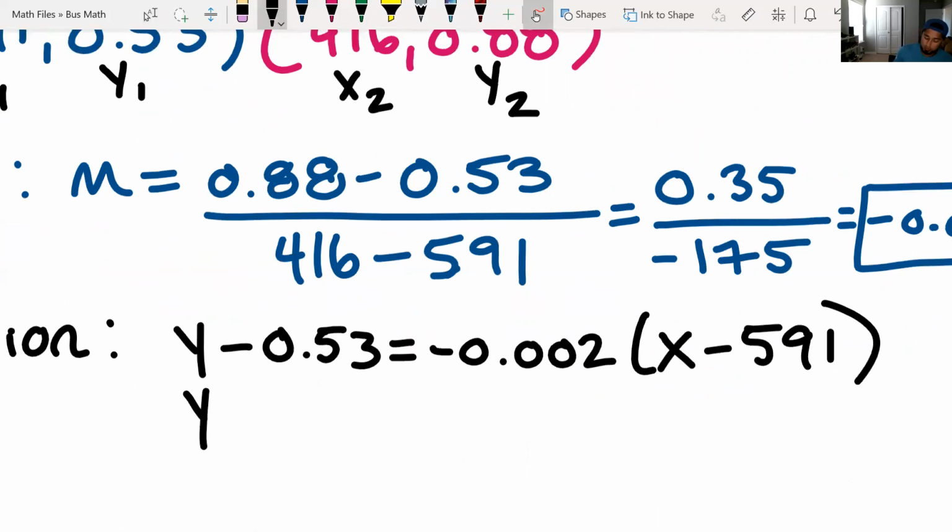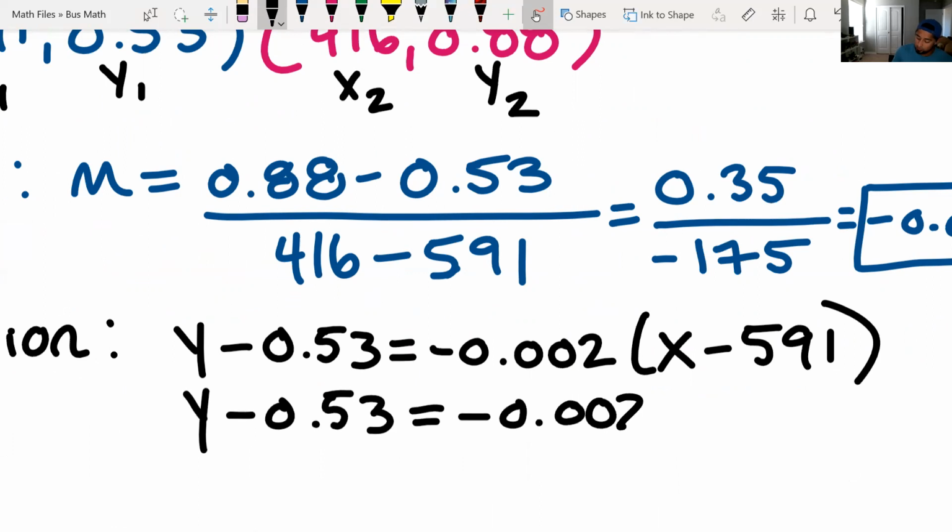Okay, distribute: y minus 0.53 equal to negative 0.002x plus that times 591. Negative, actually positive, 1.182.